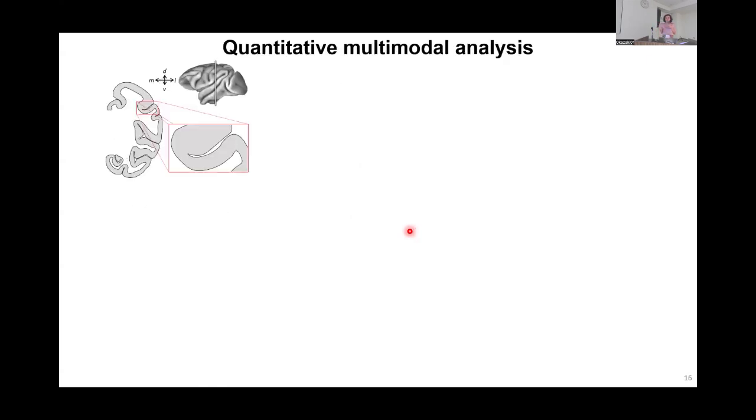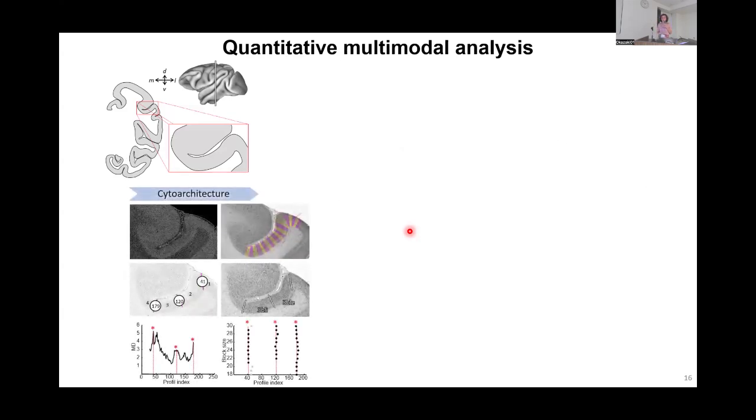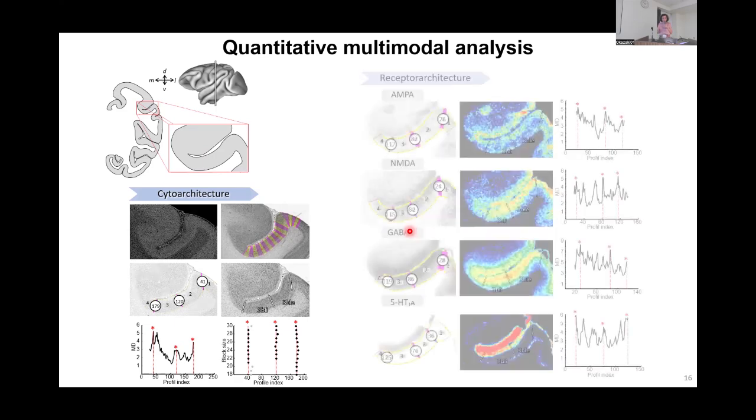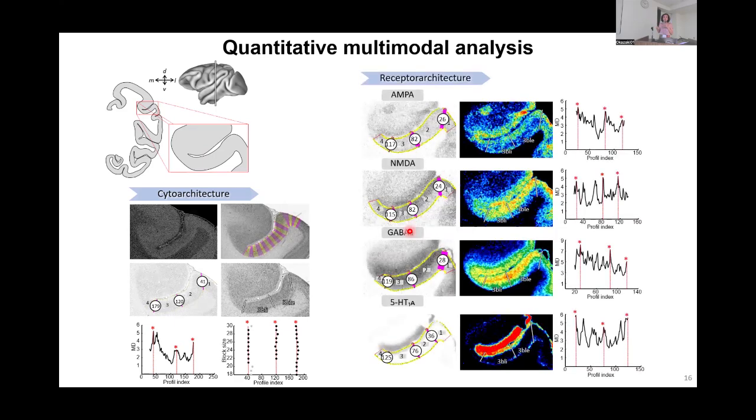And we tried to overcome this problem about the different maps by using a multimodal approach and a quantitative approach. It was multimodal because we looked at cytoarchitecture. We wanted to link our result with old maps, and it's multimodal because we also looked at very many different receptors, so 14 different receptors.